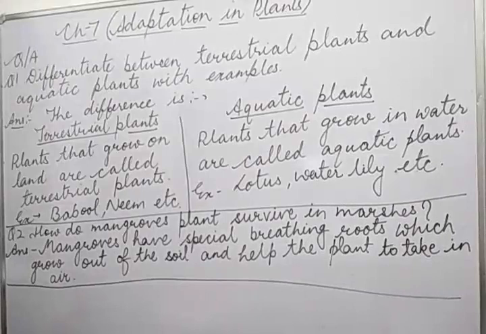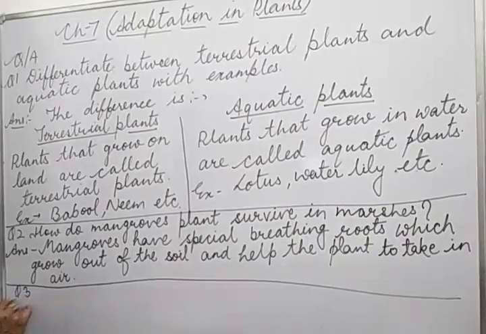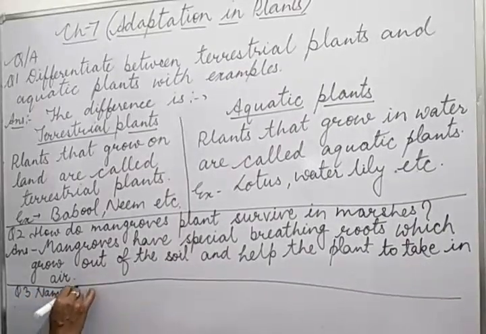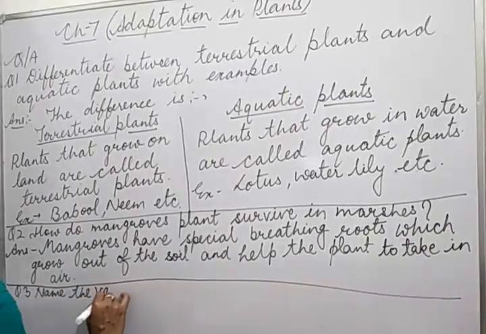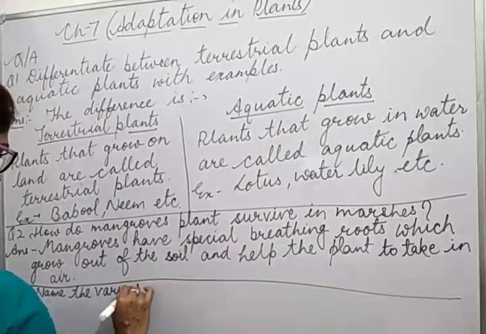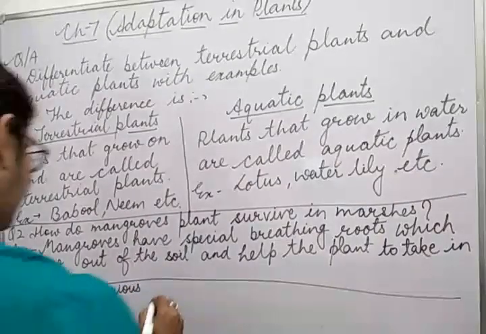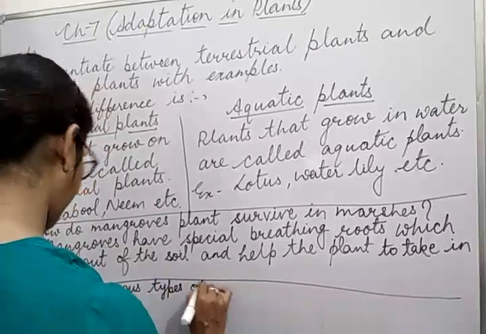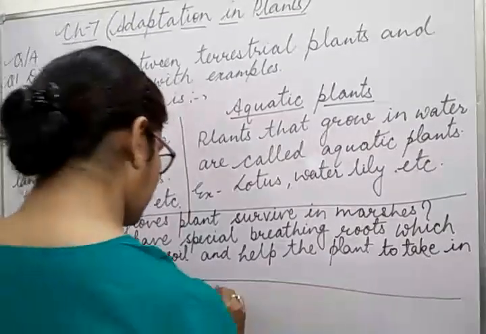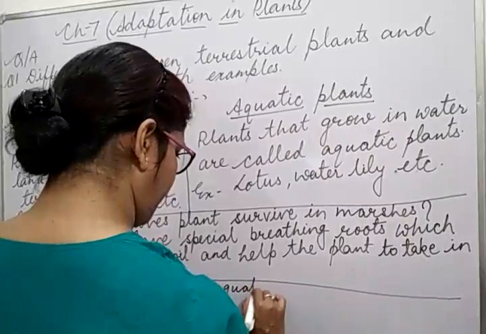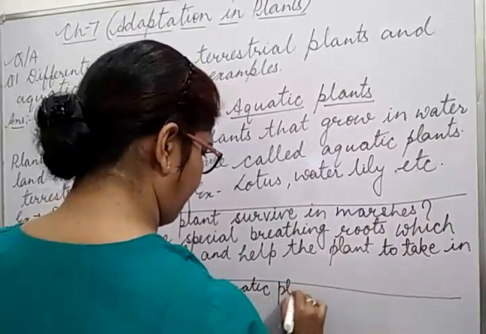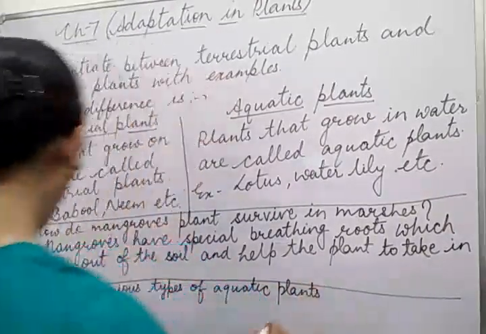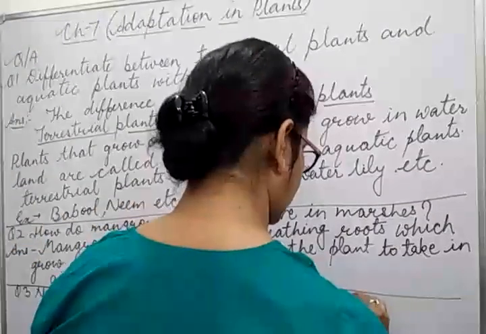Question number 3 is, name the various types of aquatic plants with examples.